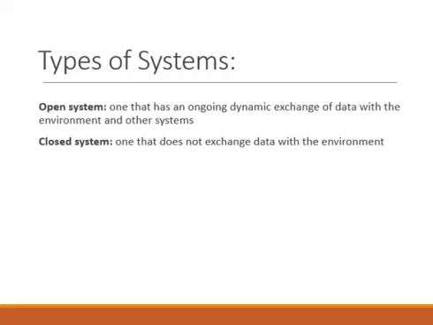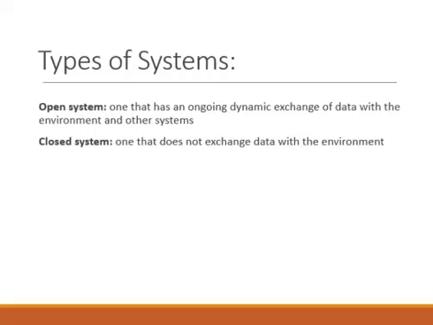Closed systems are ones that do not exchange data with the environment. They are self-contained and slow to change, and some examples are things like chemical reactions, rocks, and social systems that don't accept change, such as government entities that exist really only to survive.